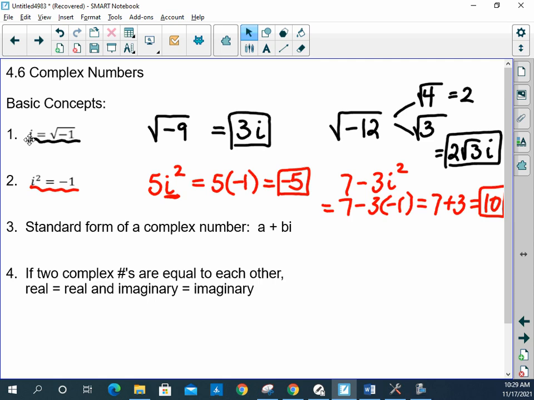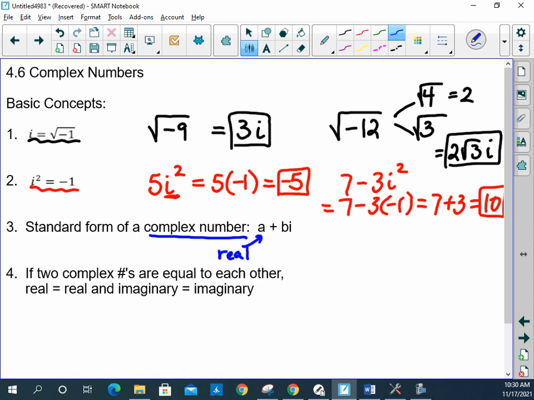Now, when you take an imaginary number and a real number and combine them, that's what gives you a complex number. So a complex number is in the form a plus bi. That is the standard form of a complex number. The a represents the real part, and bi represents the imaginary part.